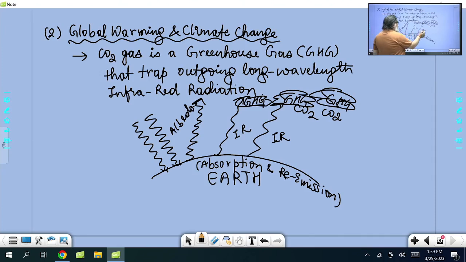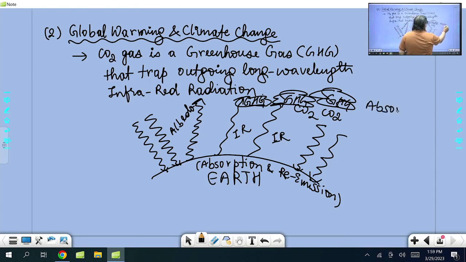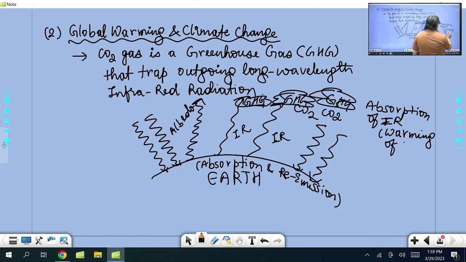Some of the same radiation will be reflected back, and some part will be absorbed. There is absorption of infrared radiation. It will become warm in the upper atmosphere, and warming of the atmosphere will result.